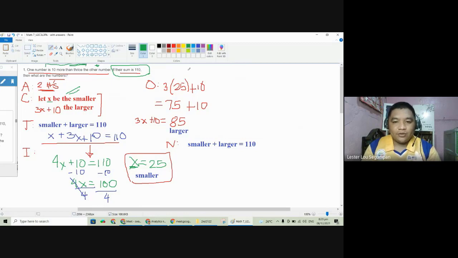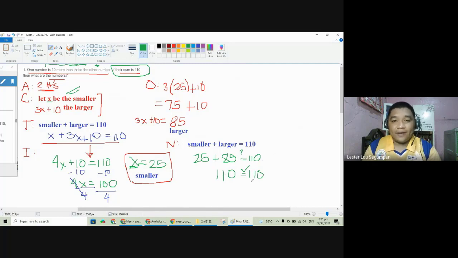And once we substitute them, the smaller is 25, the larger is 85. Is it equal to 110? As I have reminded you before, when we are doing checking, always use a question mark, even if it's too obvious, for our goal is to make sure that both sides of the equation will yield the same result. And definitely, 25 plus 85, you will have 110, and you will have another 110, check mark.